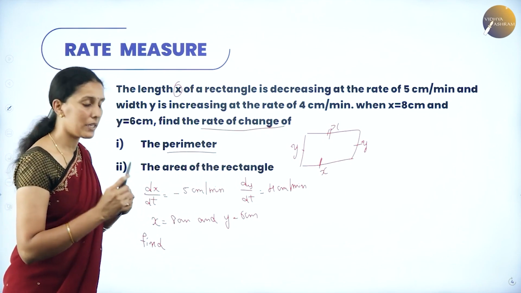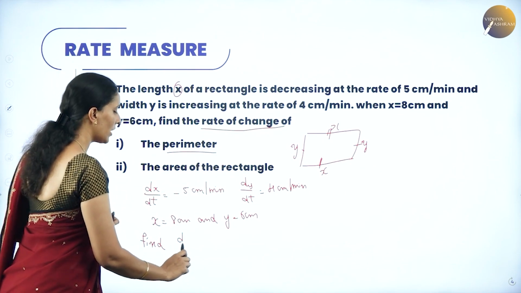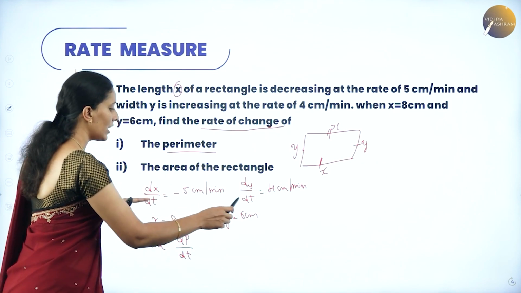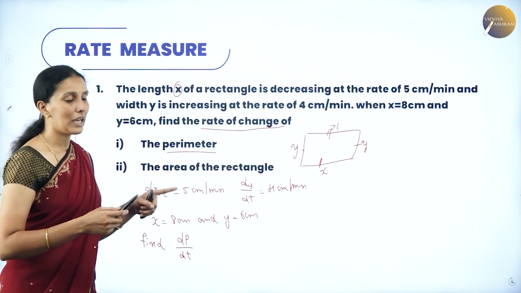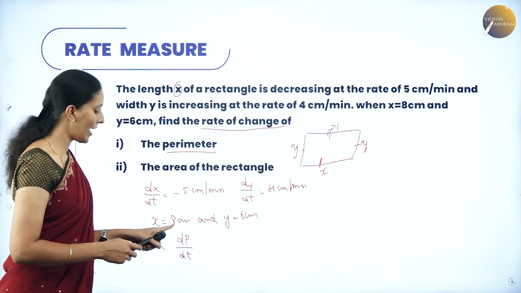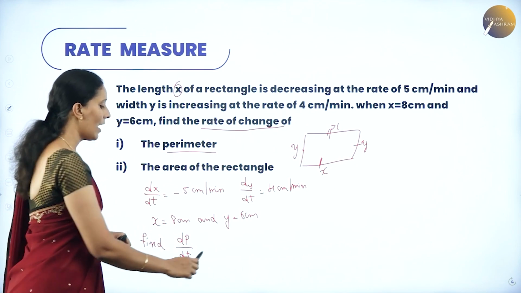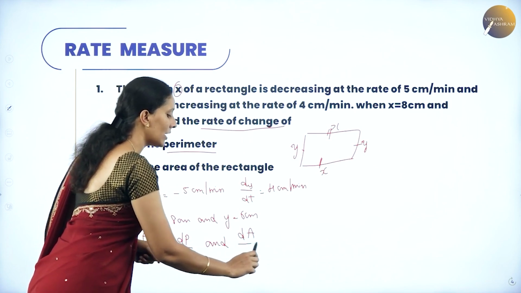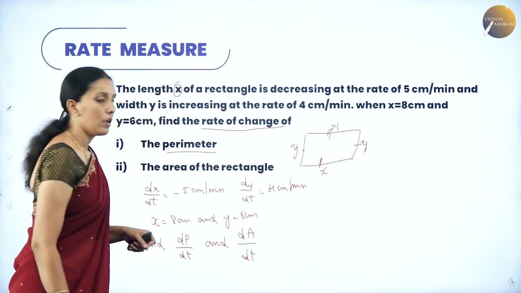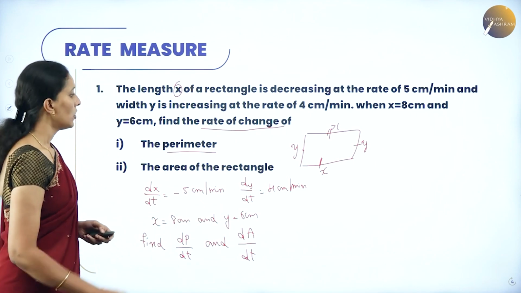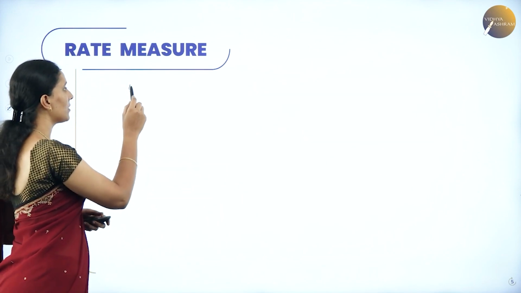Perimeter we take as P. So rate of change of perimeter means dP with respect to time, because each term here is taken with respect to time only. So we have to calculate dP by dt, and the rate of change of area, which we take as dA by dt. Now let's find out what dP by dt and dA by dt are.